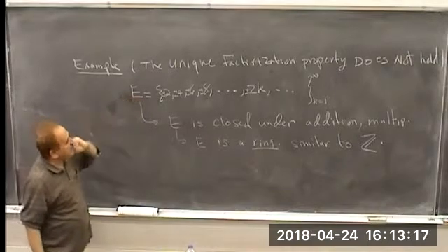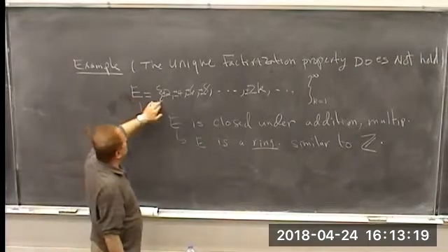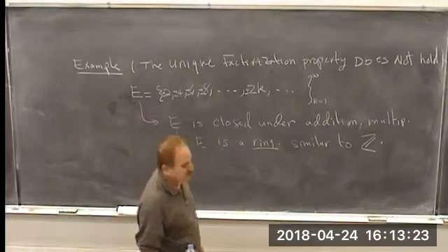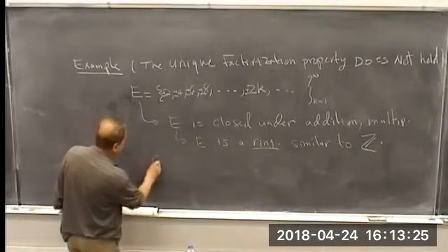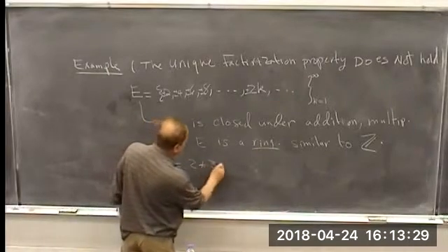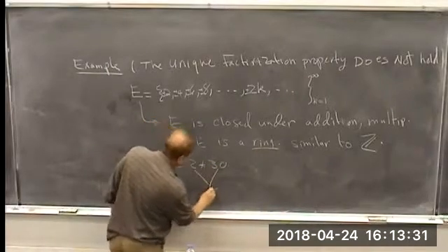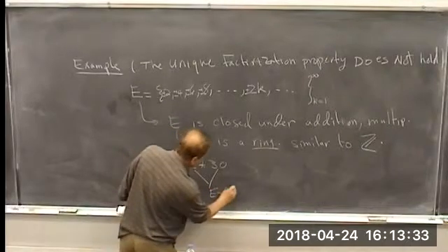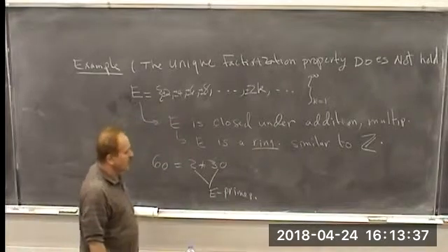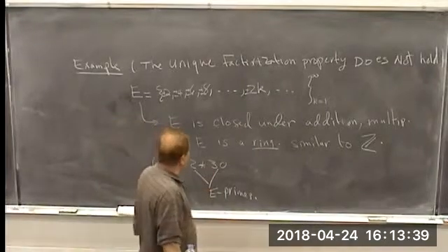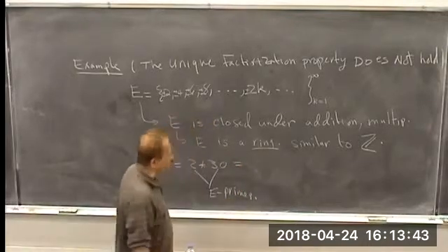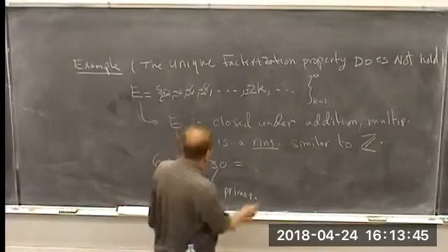Now in here we can see that the unique factorization does not hold. For example, you can take 60, and this is 2 times 30, and both of these are E primes. And so this is one way to write this, and you could write this one also as 6 times 10.